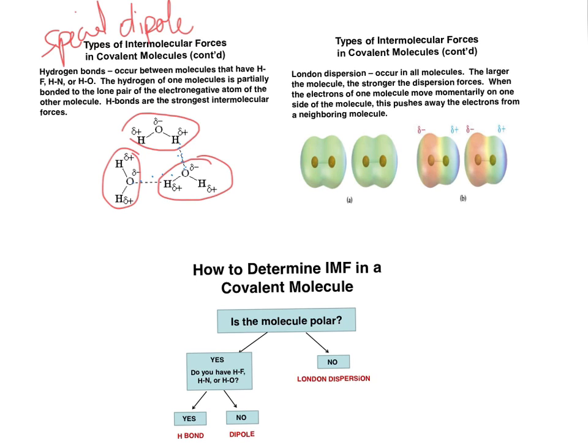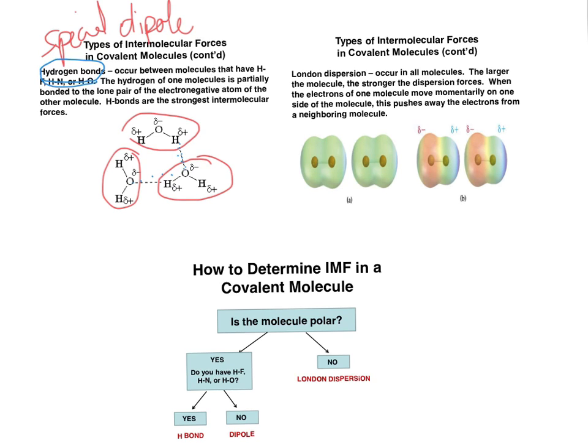So it's just like dipole, slightly stronger than dipole because it's a special type because, again, the partial positive and the partial negative are a little bit stronger. The name hydrogen bonding is very misleading because you think it's a bond based on its name, but it's really not. It's not the actual bond that's within the molecule. It's not this right here. It's the attraction between two different molecules.